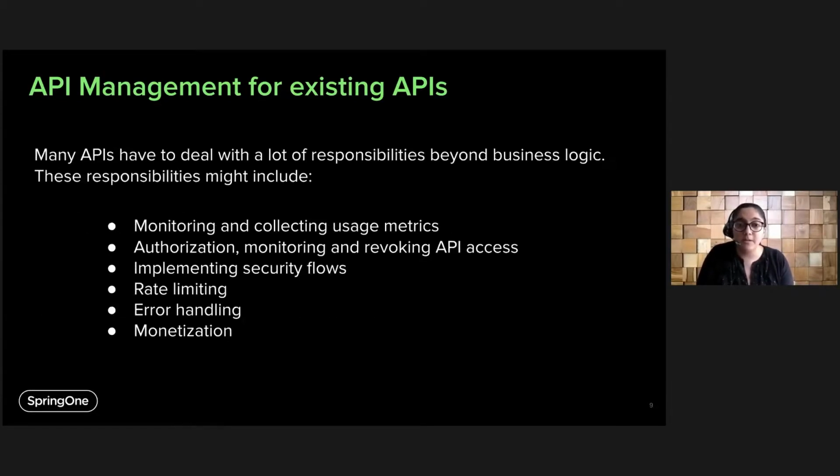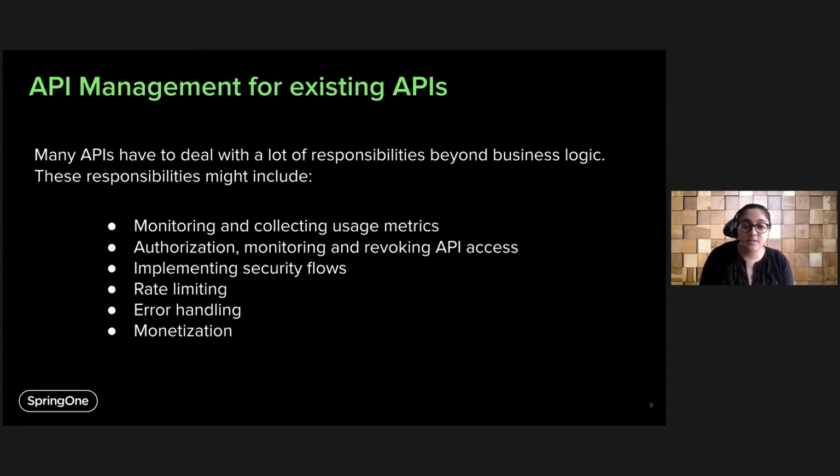So even if your API really only cares about the core business logic of whatever subdomain you are working under, it will also need to somehow handle all of these responsibilities and solve these concerns in order to provide a great experience to clients.